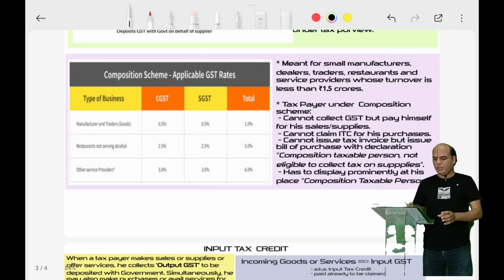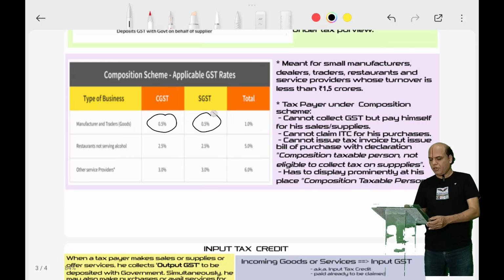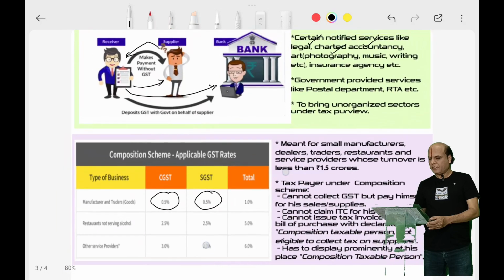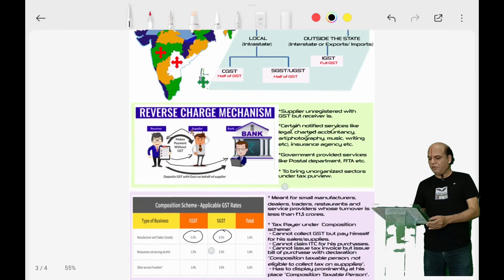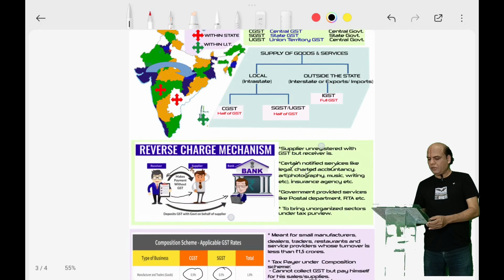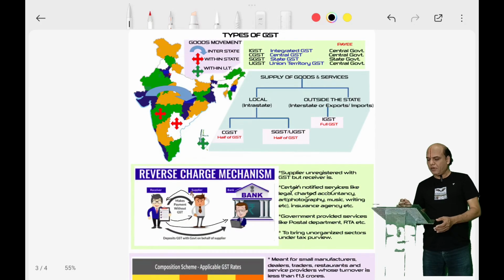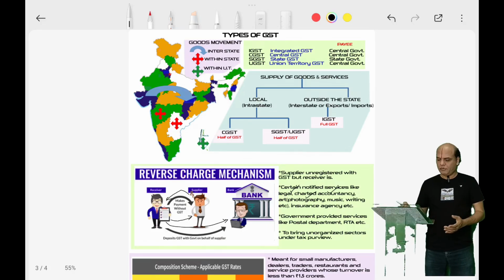So, if you see the PDF, under the scheme, the manufacturer and trader of goods they pay 0.5% CGST, 0.5% SGST, and total they pay only 1% tax. So we have seen what is CGST, SGST, IGST in the previous video.